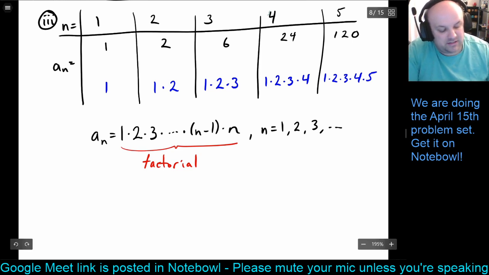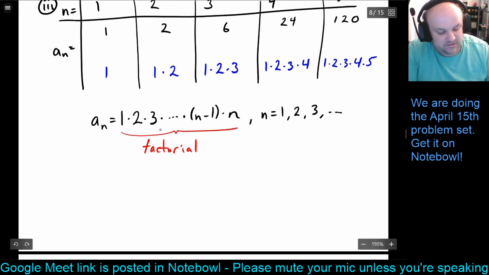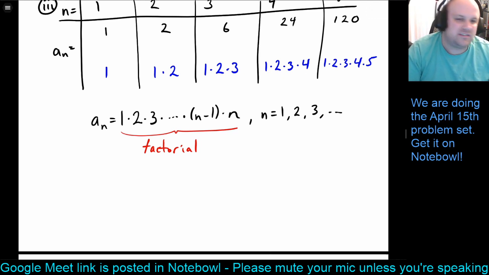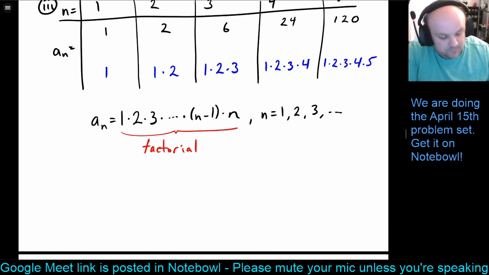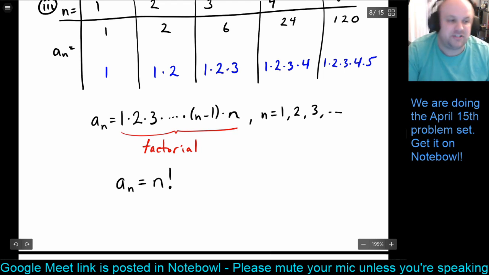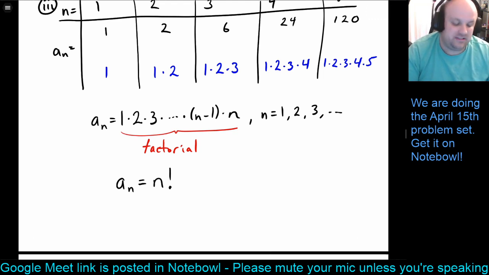Right? And the notation we have for that, and the better way to write this, because if we had to compute, say, 10 factorial, it would be really exhausting to write out 1 times 2 times 3 all the way through 10. So instead, our notation for that is n with an exclamation point. The exclamation point here stands for factorial. We'd read that as n factorial.